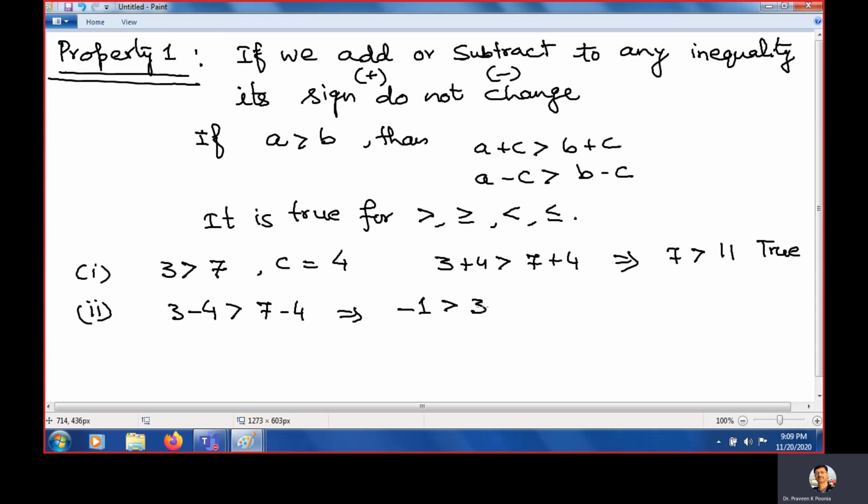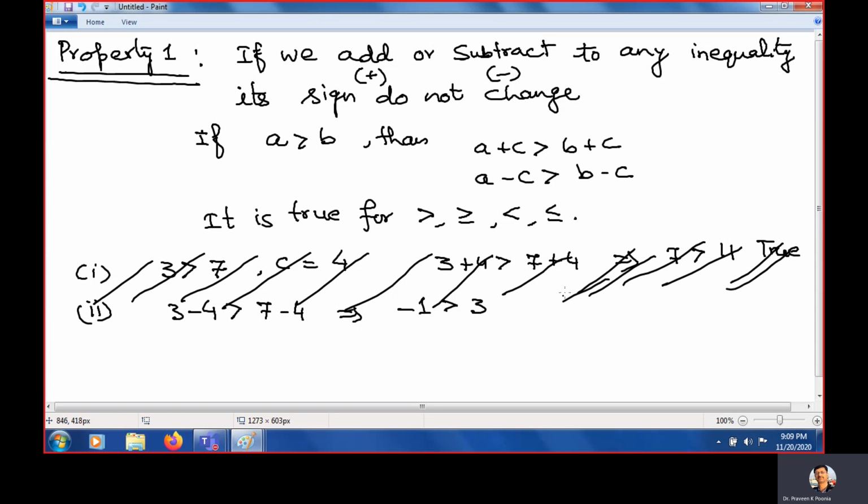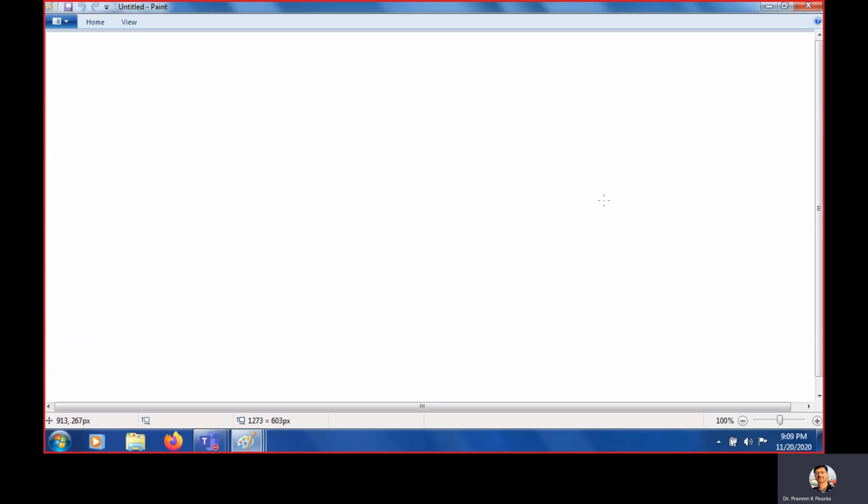Please do not consider this example. Because 3 is not greater than 7. Let me explain the example again: 3 less than 7, because 3 is less than 7, and taking C equal to 4.